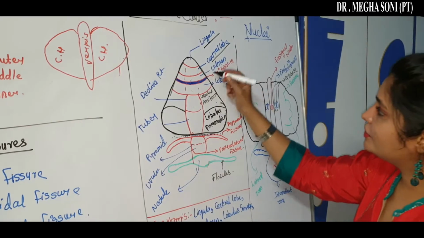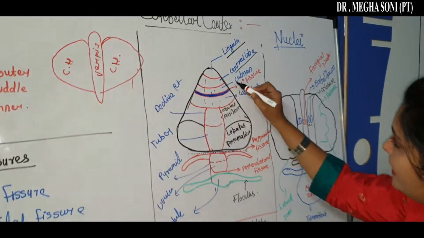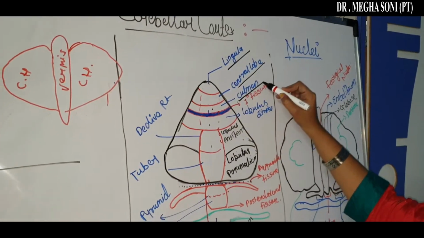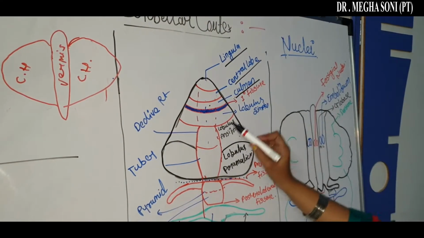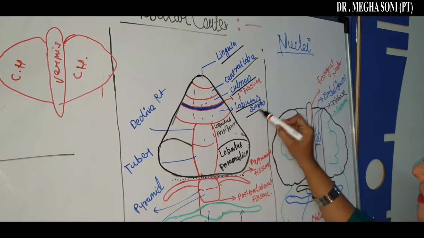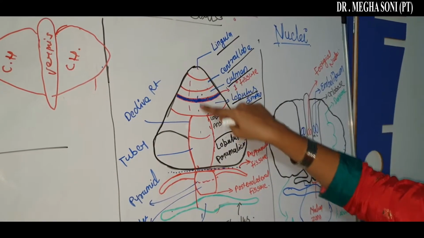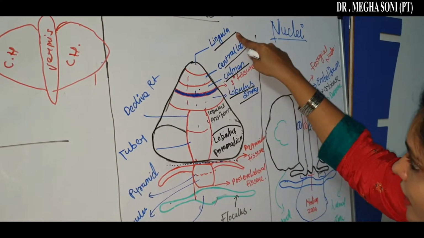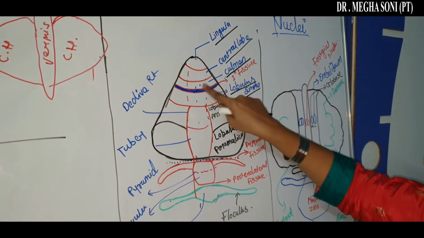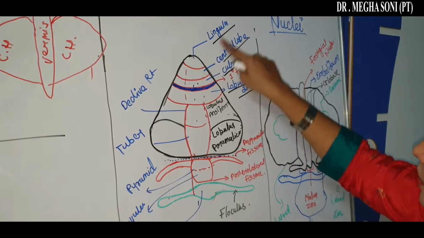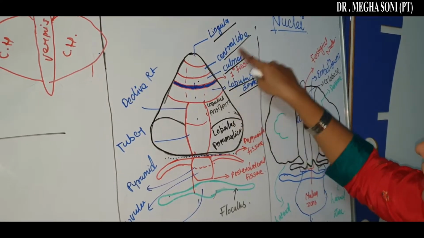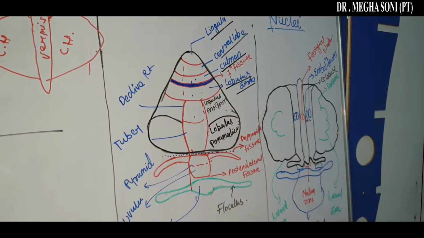Okay, just below the central lobe, again the part of vermis we call it culmen. Fine. Below the culmen, lobulus simplex. So these are the parts of vermis: lingula, central lobe, then culmen. This name you need to remember: lingula, central lobe, culmen, lobulus simplex.